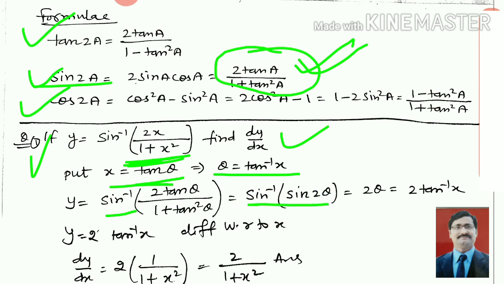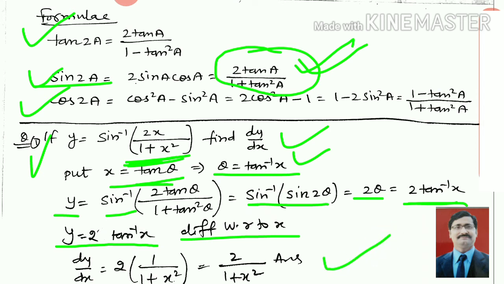So sin inverse sin 2 theta. Sin inverse and sin cancel, we get 2 theta, and theta is tan inverse x. So y equals 2 tan inverse x. Now differentiate with respect to x: dy by dx equals 2 times the differential of tan inverse x, which is 1 upon 1 plus x square, so we get 2 upon 1 plus x square.